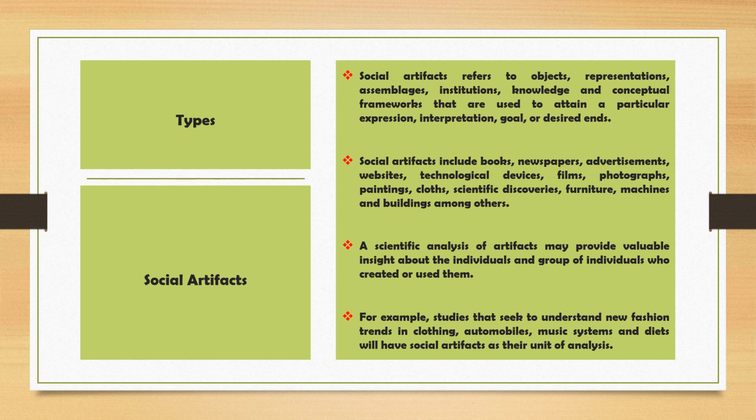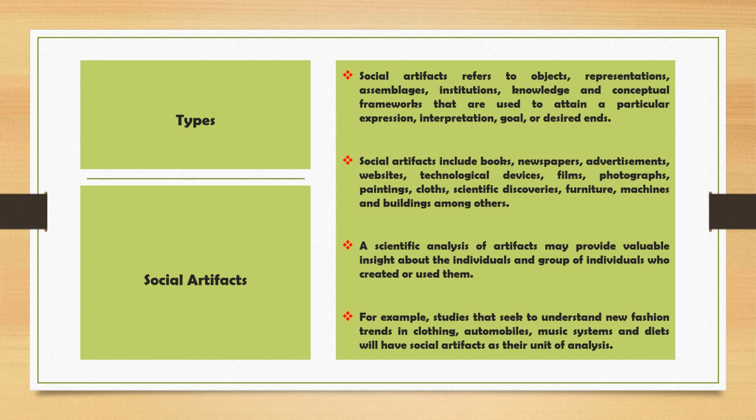Some of the examples of social artifacts might include books, newspapers, advertisements, websites, technological devices such as phones, films, photographs, paintings, clothes, scientific discoveries, furniture, machines, and buildings, among others.